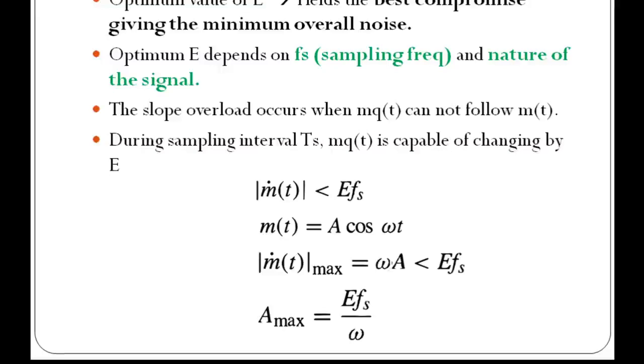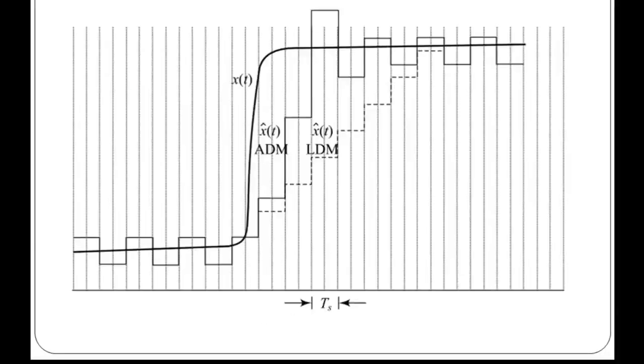So whatever the amplitude of the 800 Hz signal, that will be our reference, and if the maximum amplitude signal varies around 800 Hz, there will be no slope overload.